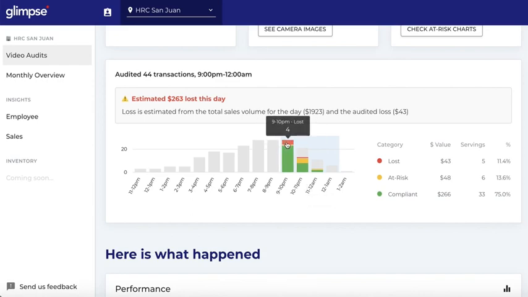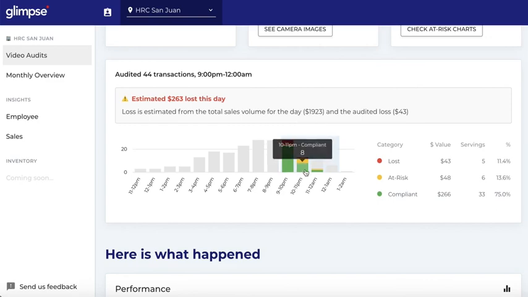In this case, we can see that between 9 and 10 p.m., it appears you had the highest volume of business. This is the bar that is actually the highest, right? So here we had a lot of transactions, and also in this same time, you had the most lost items recorded.